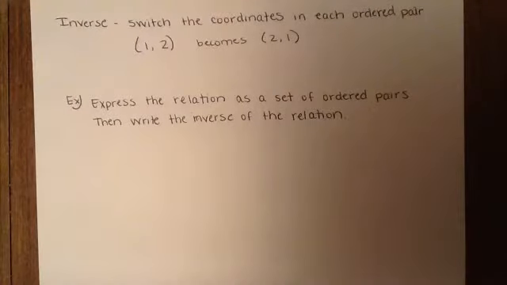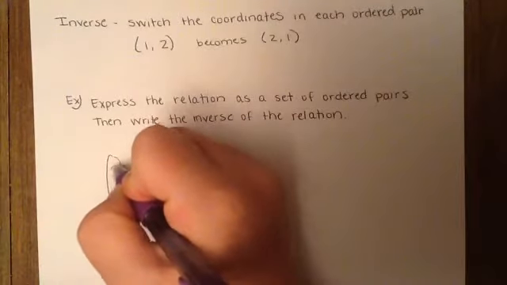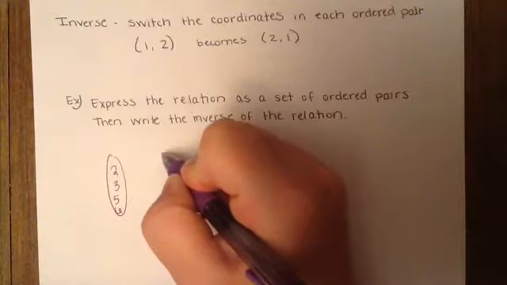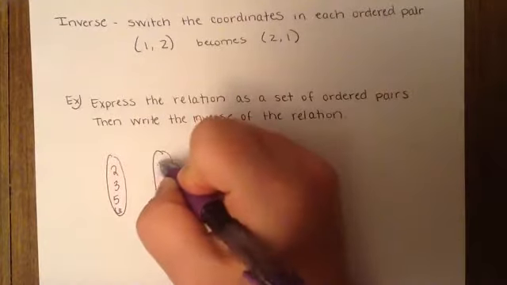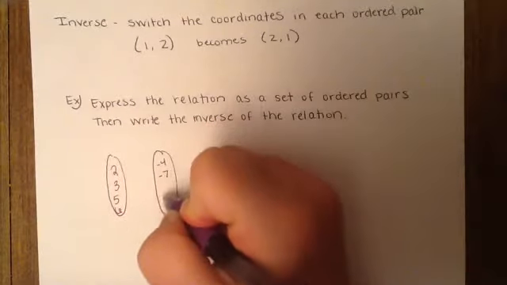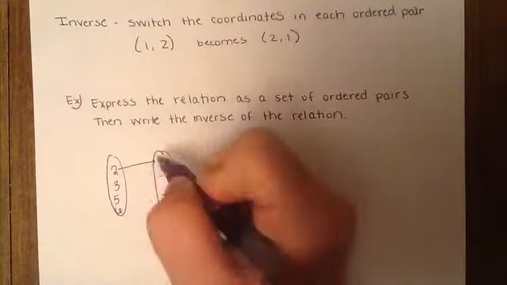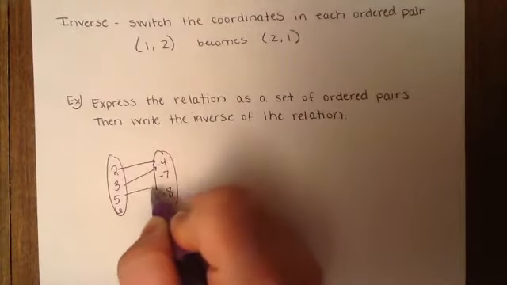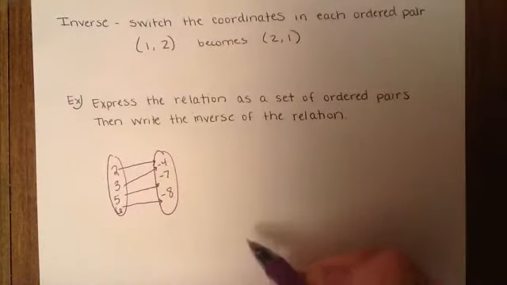So in your mapping, yours was 2, 3, 5, and 6, and -4, -7, -8. And it asks you to write it as an ordered pair.